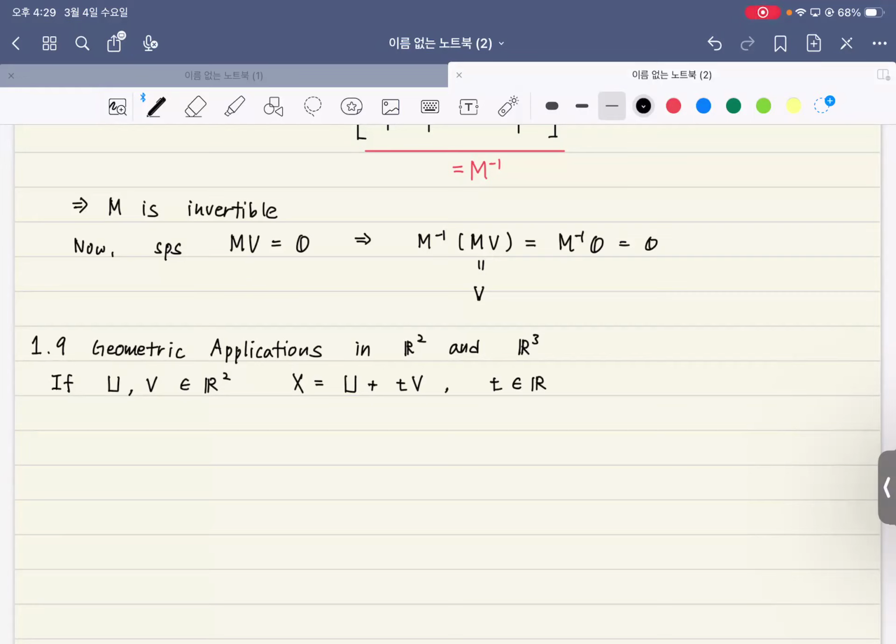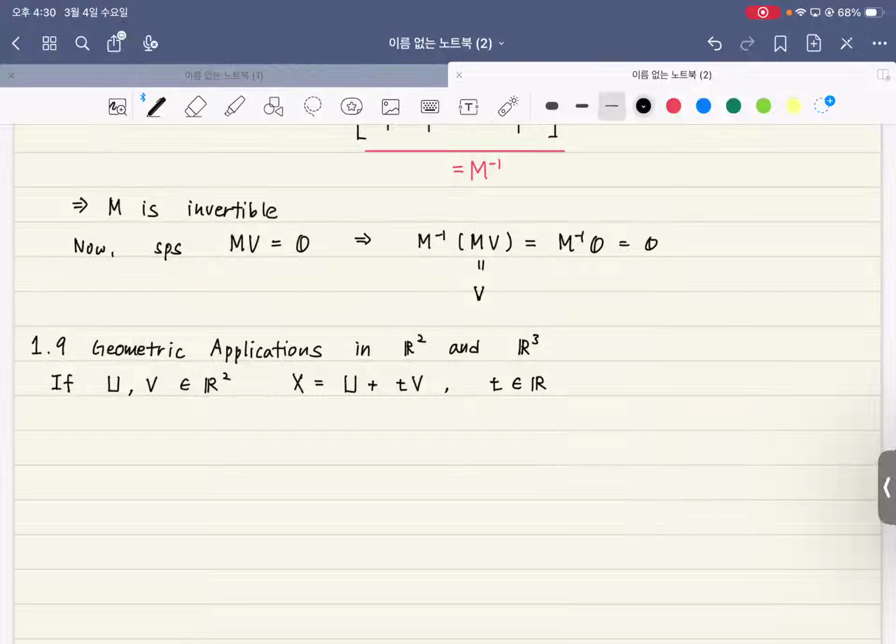T is any real number. So X can be understood as some subset of vectors in R2. But I want to interpret this as a line.